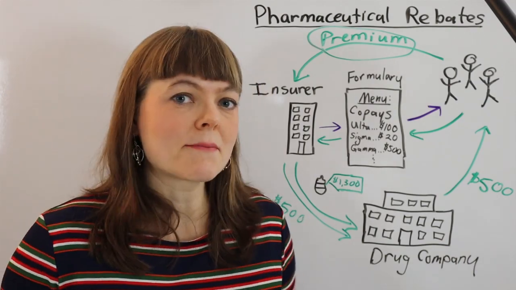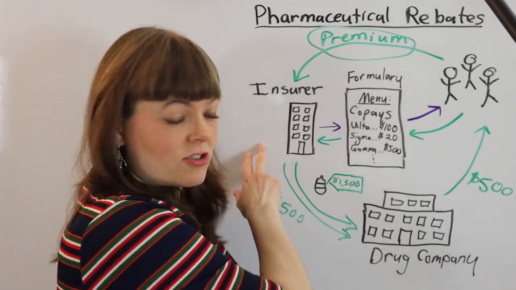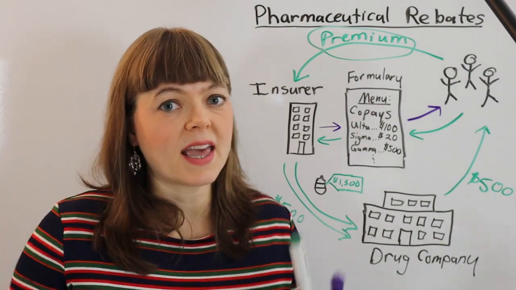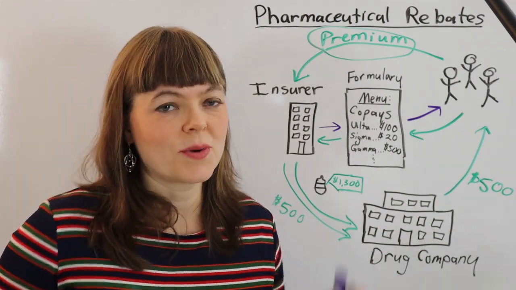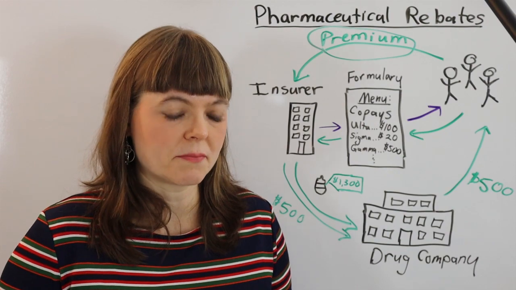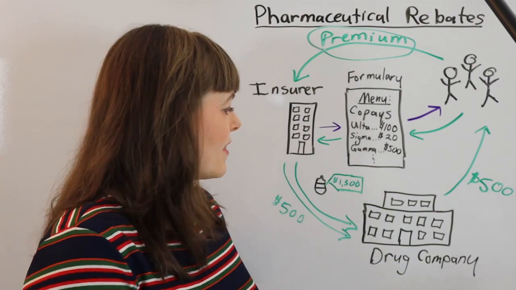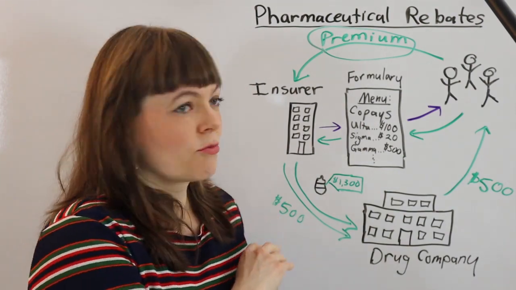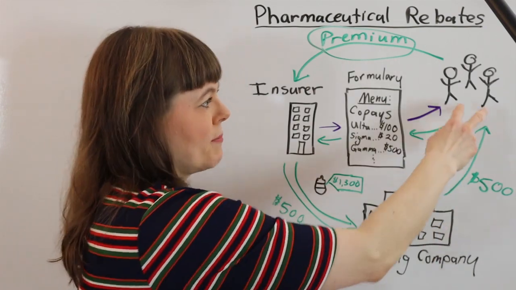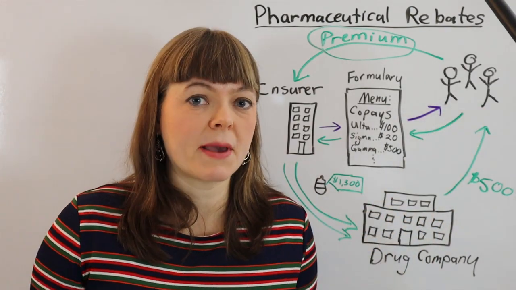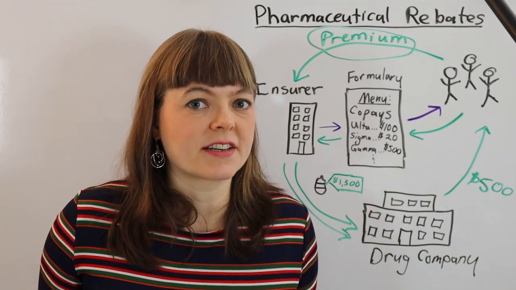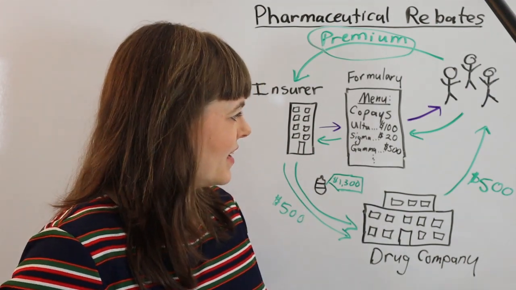Basically, it's this game that these huge players, both the insurance company and the drug company, play against one another to elicit more money out of the system. Oftentimes that money, that sort of rigging the game, will be passed on to the people, either as taxpayers or as people who need to buy insurance. And it's just a mess.